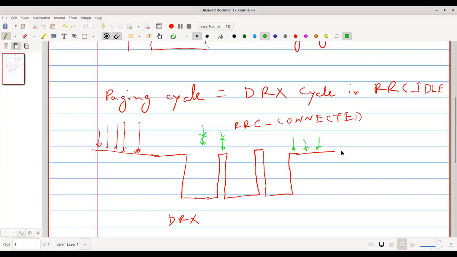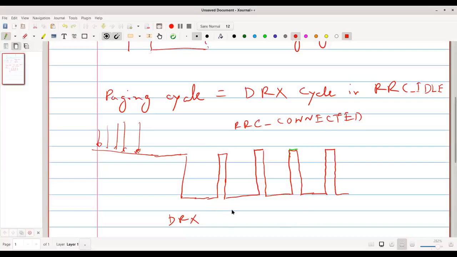However, if you don't have all these packets, then after a few short DRX cycles, you can start the long DRX cycle.